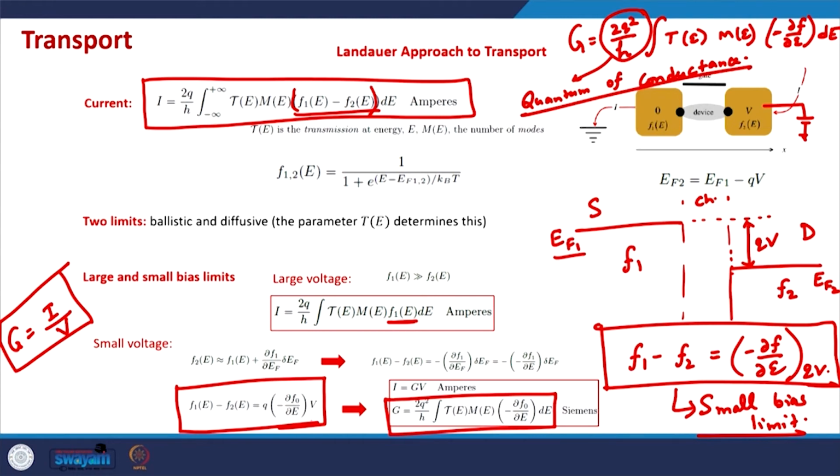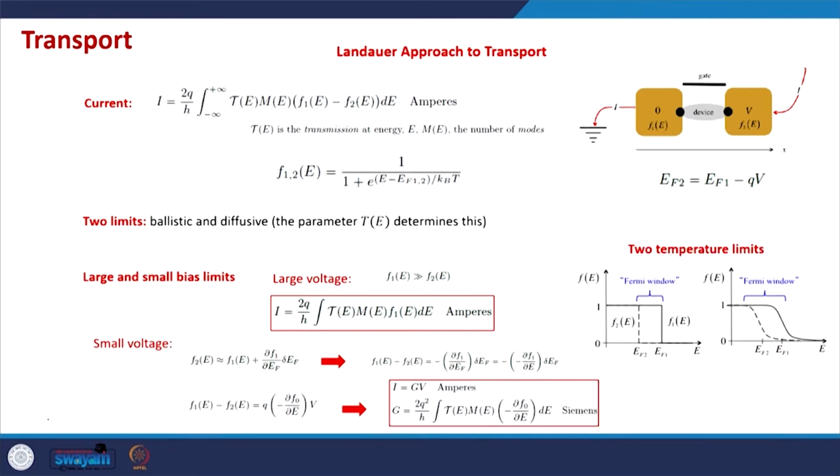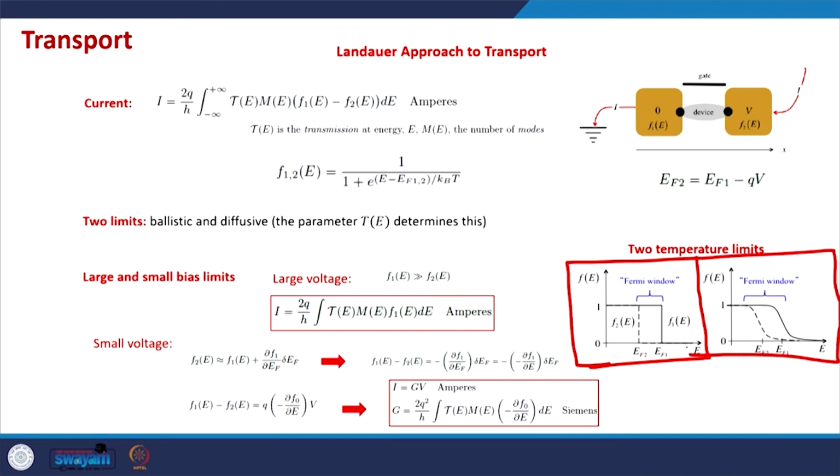We had a pretty comprehensive discussion on the conductance, so you can revise that if you need to. And finally, we have the Fermi window function, which is generally used in the low bias limit.